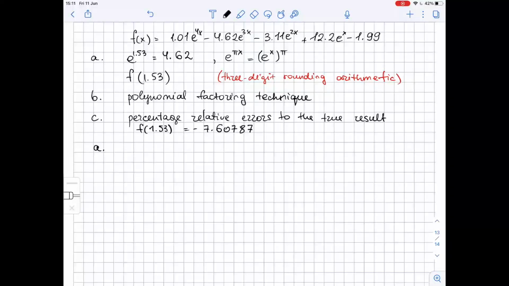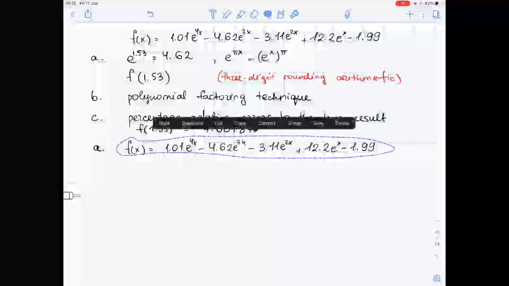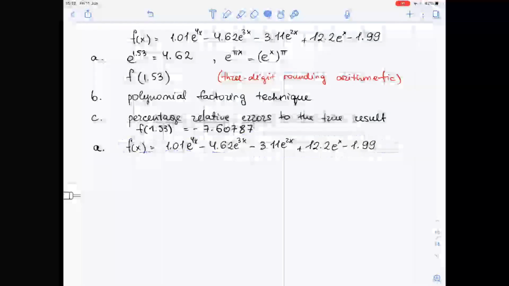I'll write down right here part A. We will rewrite our f of x. I'll just copy paste it actually. So this is our f of x.